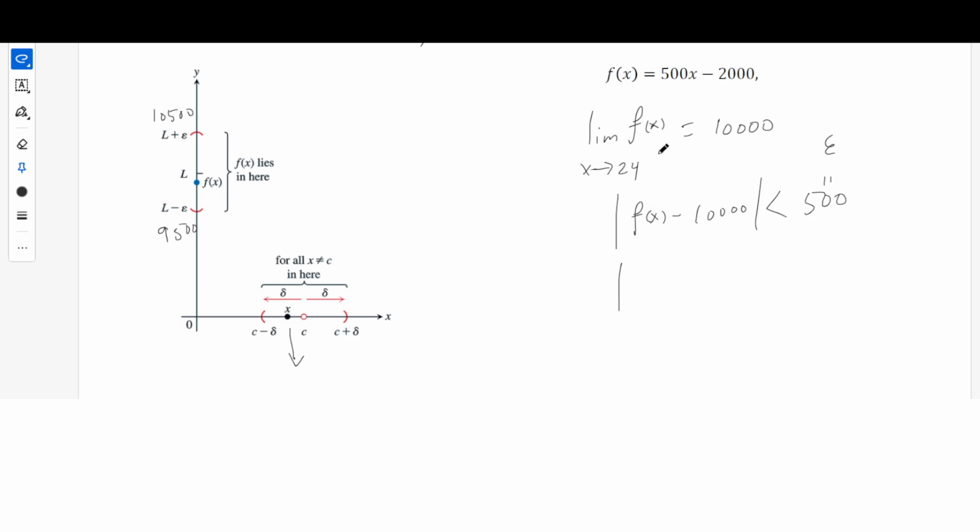Plug in the value of f of x, which is 500x minus 2000. That's the value of the function, minus 10,000, less than 500. Okay, do the calculation. 500x minus 12,000 less than 500. You can factor out 500 because 500 is a positive number, so you can always bring that outside.